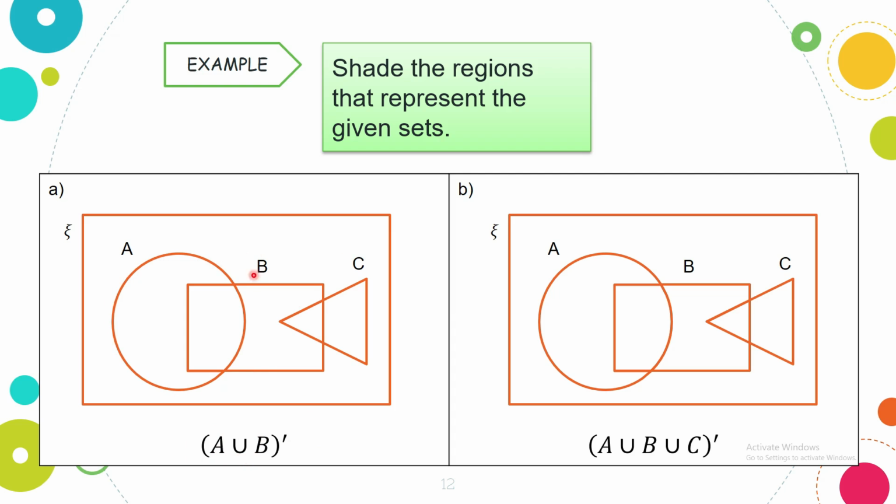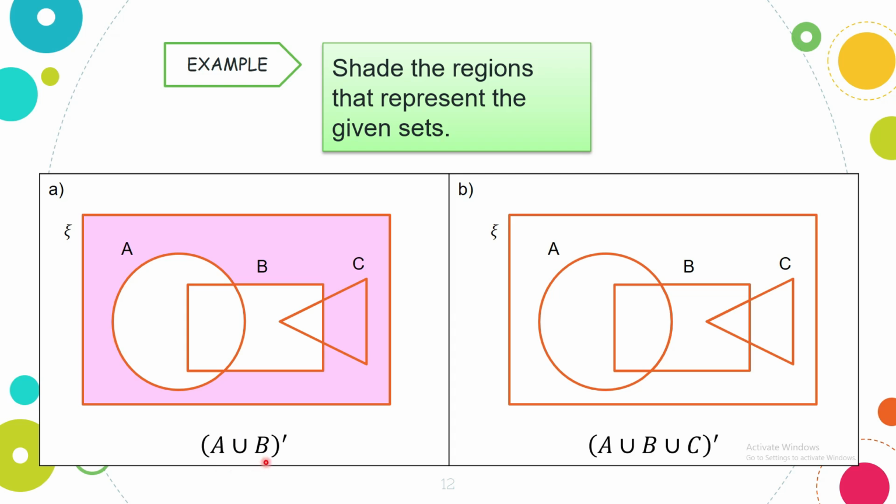This circle is set A, meanwhile this rectangle is set B. A union B is this part. But the complement of set A union set B is the other part beside this union part. We shade like this, the part that is not an element of set A union set B.